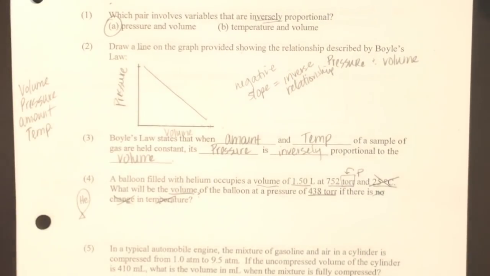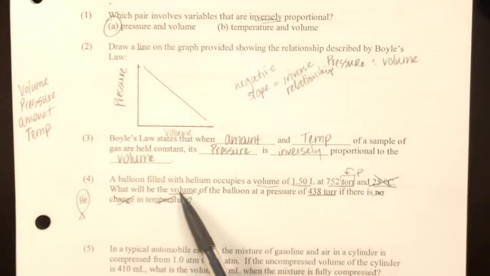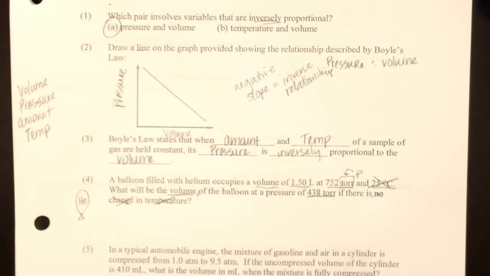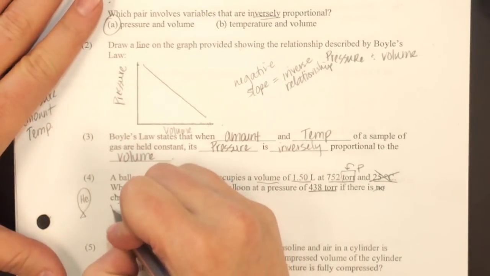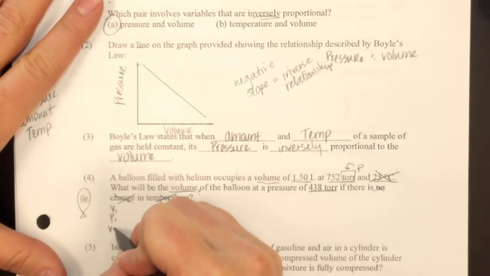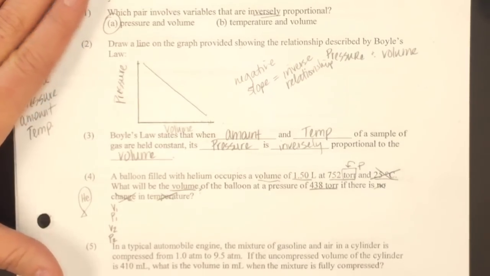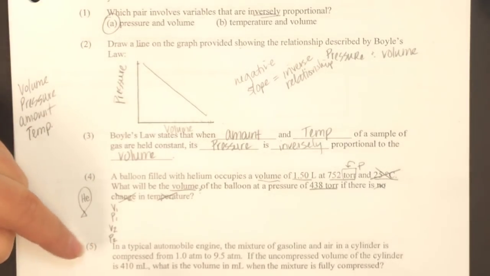Nothing's changing. I see that I have volume and pressure. The very first thing I do is make a variable list. I have volume and pressure, V1, P1, and volume and pressure, V2, P2, an initial 1 and a final 2.